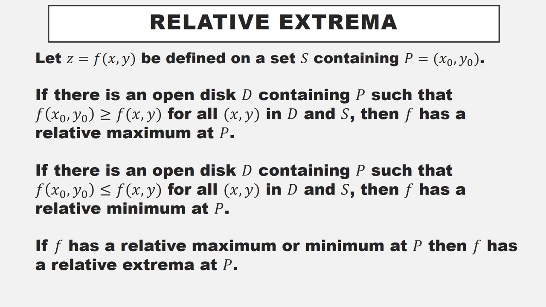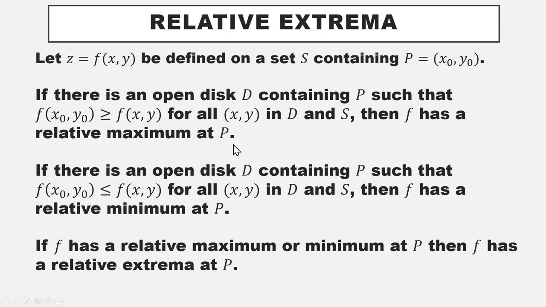We have a relative minimum if it's the minimum around a specific area. And a relative maximum or a relative minimum is a relative extrema. So if f has a relative maximum or a relative minimum at point P, then we say f has a relative extrema at point P.